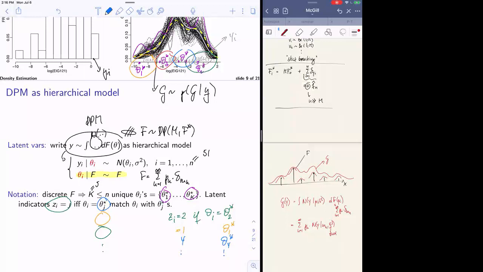Can you see how the discrete nature of the random probability measure induces a partition of the data? It induces a partition of my experimental units into, in this case, orange, blue, green, and red, or in general, into clusters characterized by ties with a small number of unique values.